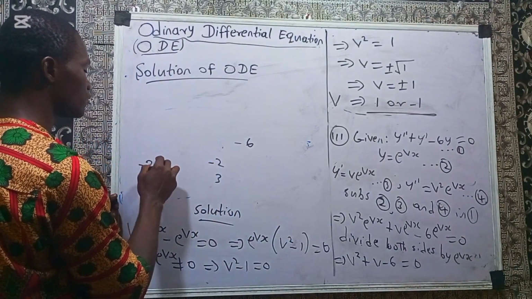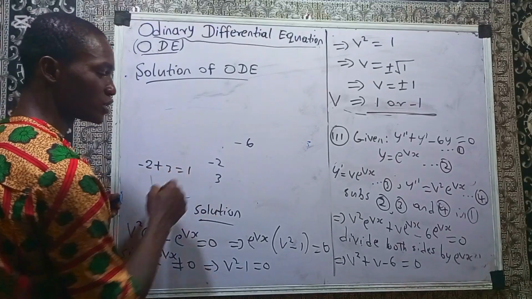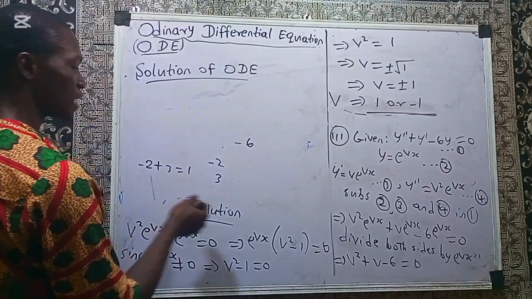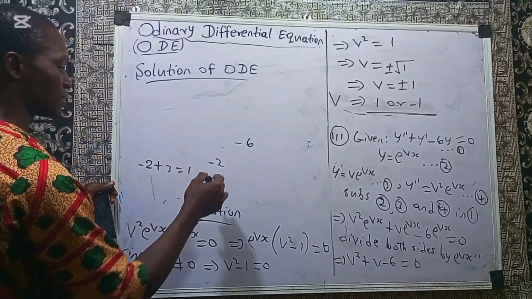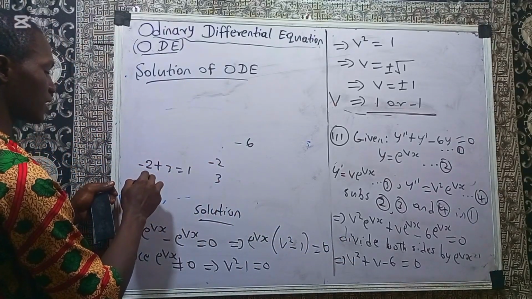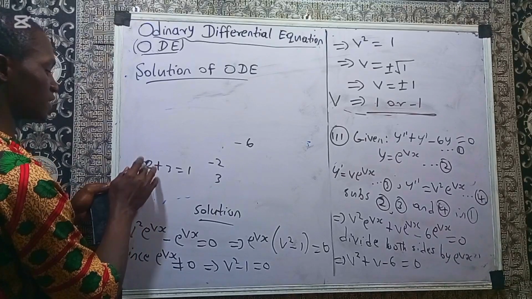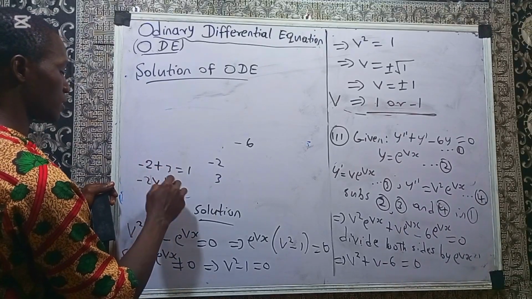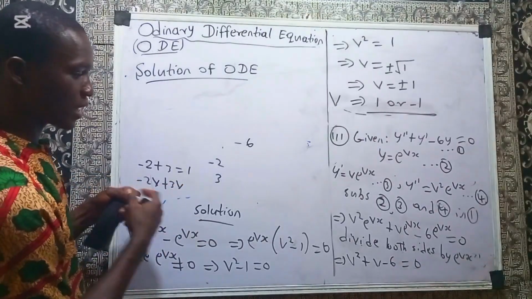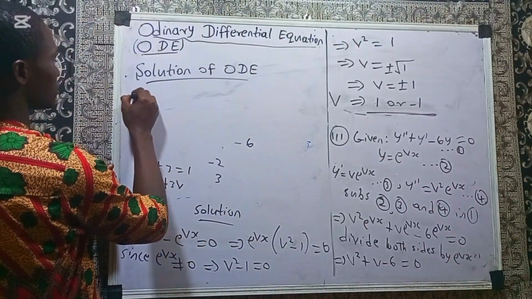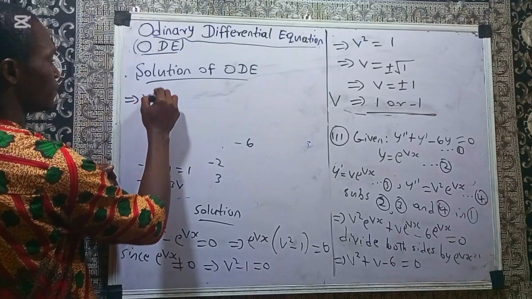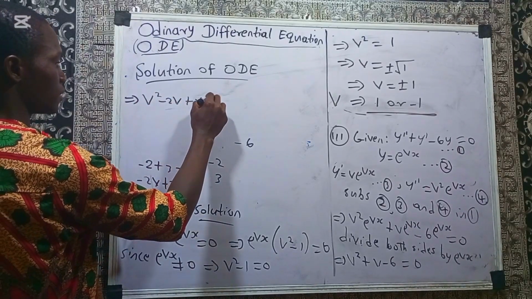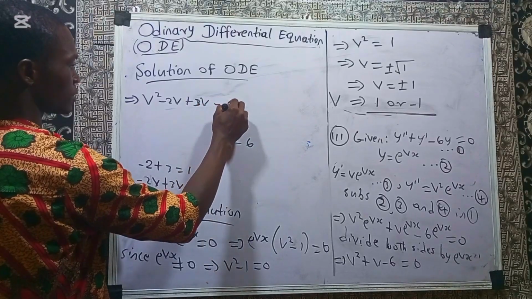So the middle term can be written as negative 2v plus 3v. We have v squared minus 2v plus 3v minus 6 equals 0.